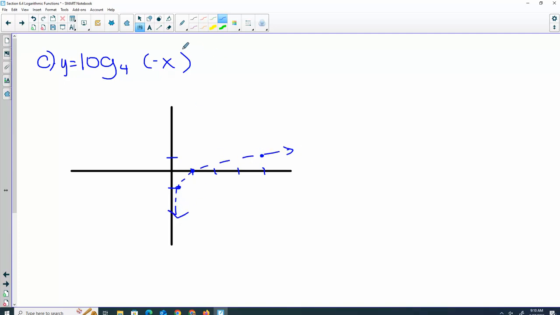What does a negative on the x do? Reflect it over what? If it's out in front, it's making your y's negative, so it flips it over the x. If it's on the x's, it's changing the signs of your x, so it flips it over the y.